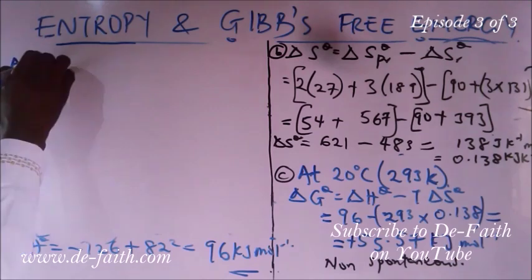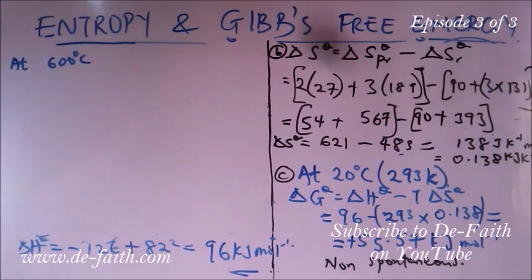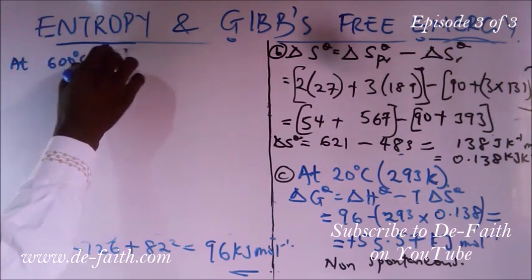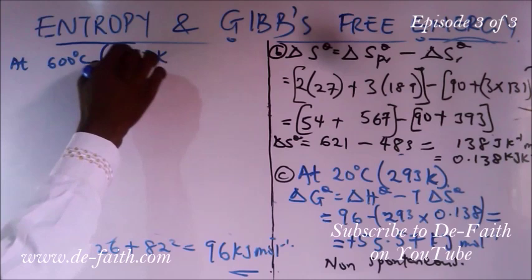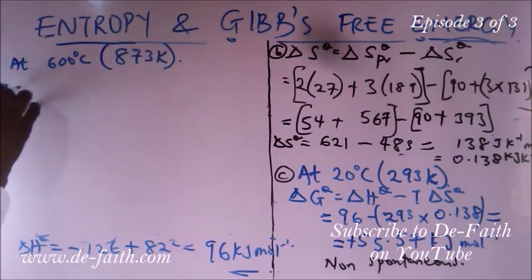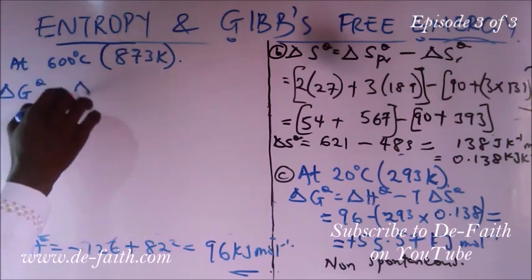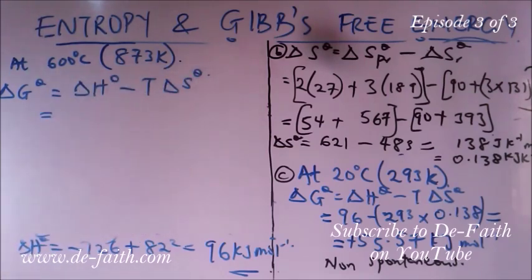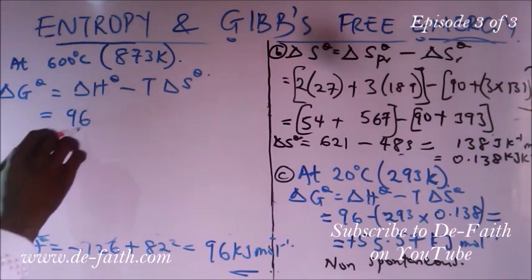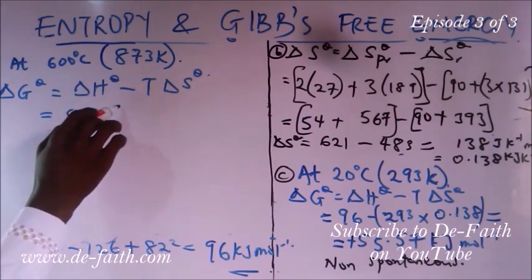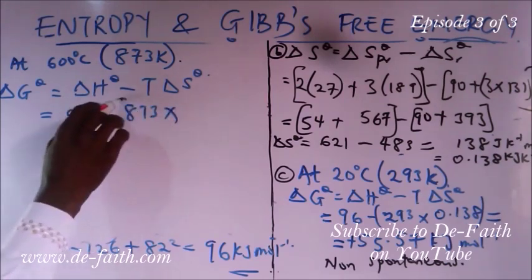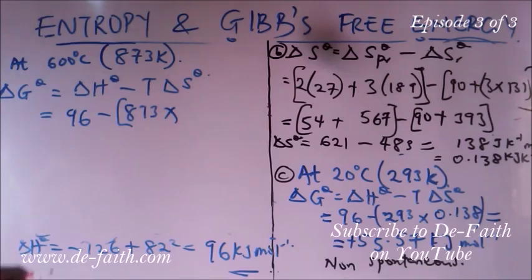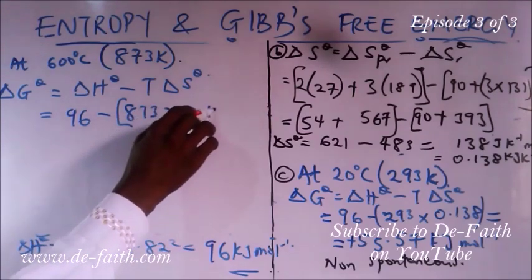Next, at 600 degrees Celsius, we need to convert that into Kelvin, and that is done by adding 273, and that gives 873 Kelvin. Now, to get the standard Gibbs free energy, which is equal to delta H theta minus T delta S theta, the standard enthalpy is 96 minus the temperature, which is 873, multiplied by the delta S, which is 0.138.